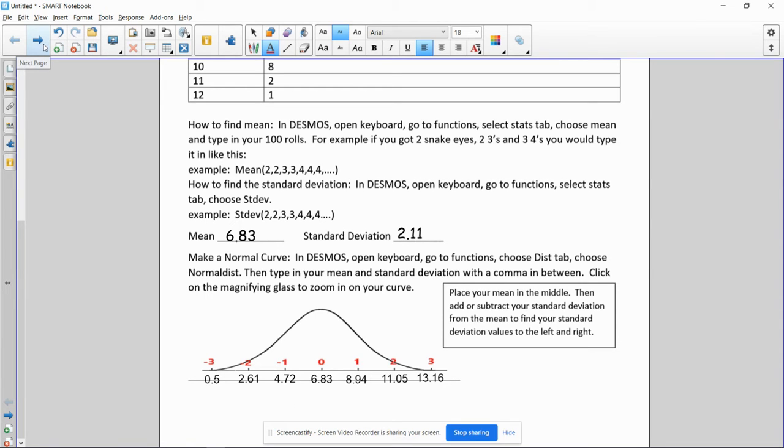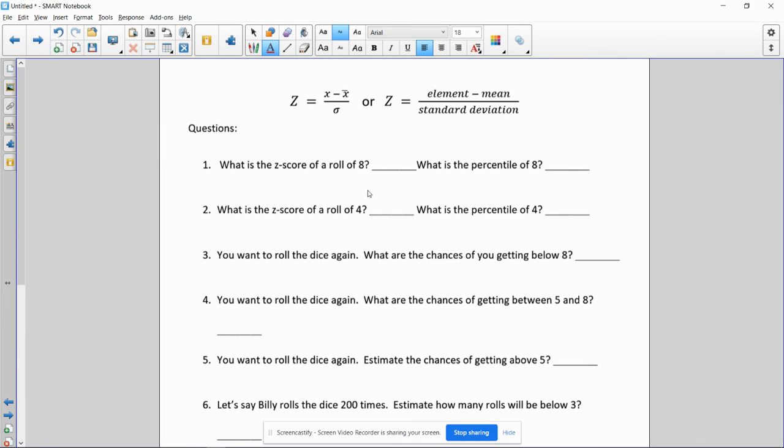So there's my answers. What is the z-score of 8? So figure out a z-score. Remember what we do is we take 8 and subtract the mean, which is 6.83, and then divide it by the standard deviation. Put a nice little division sign there. Going to divide that by 2.11.